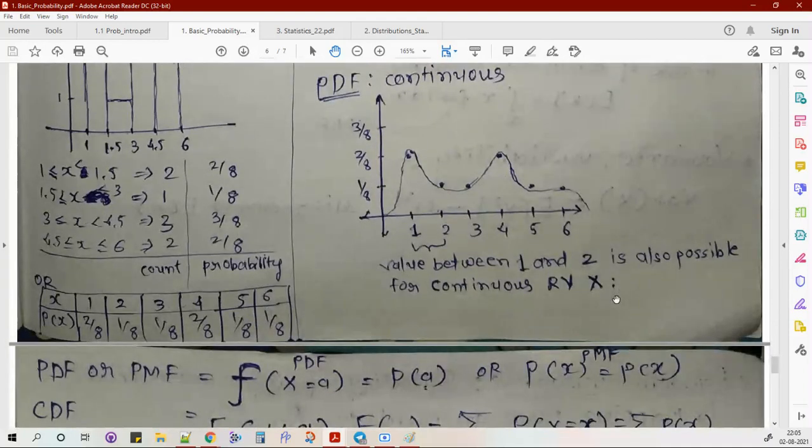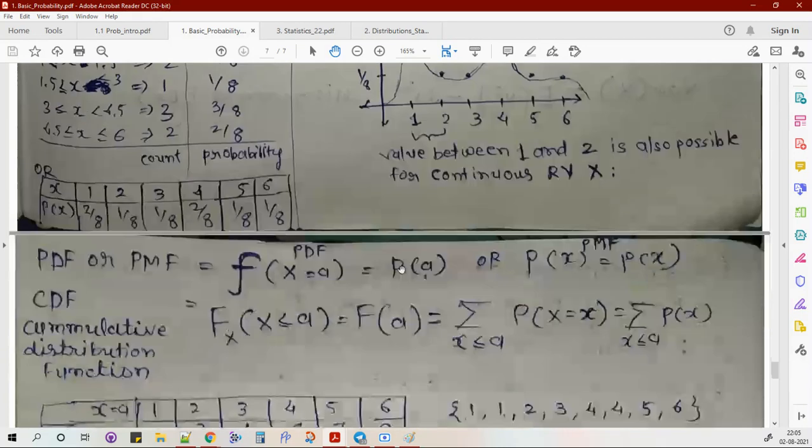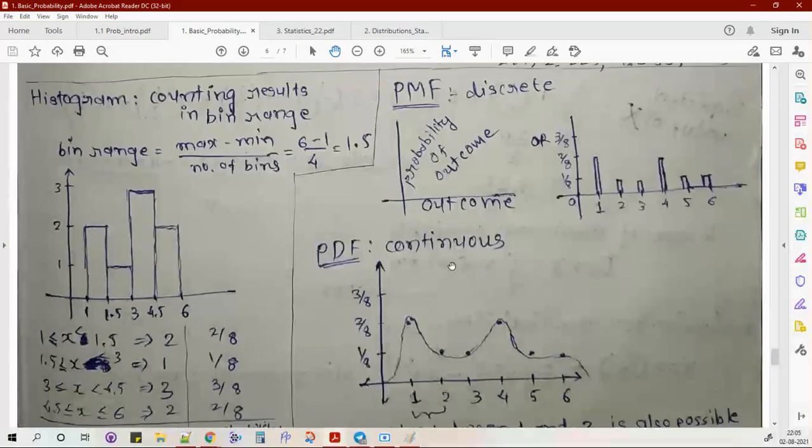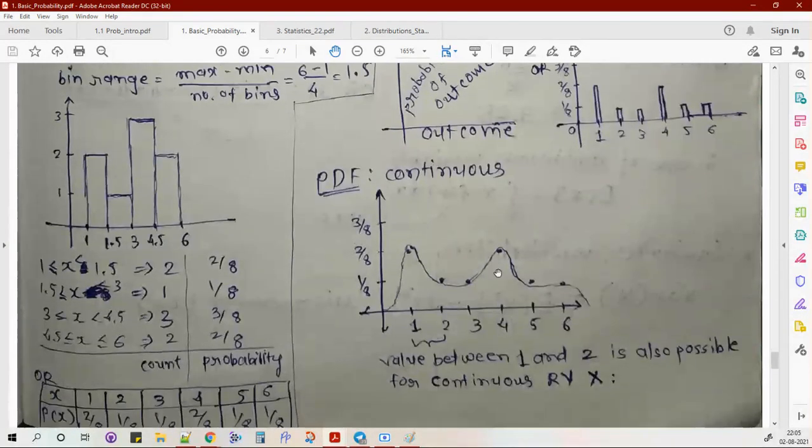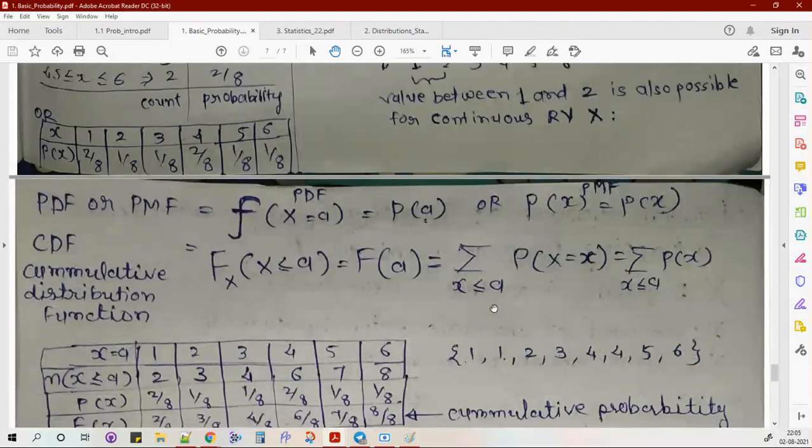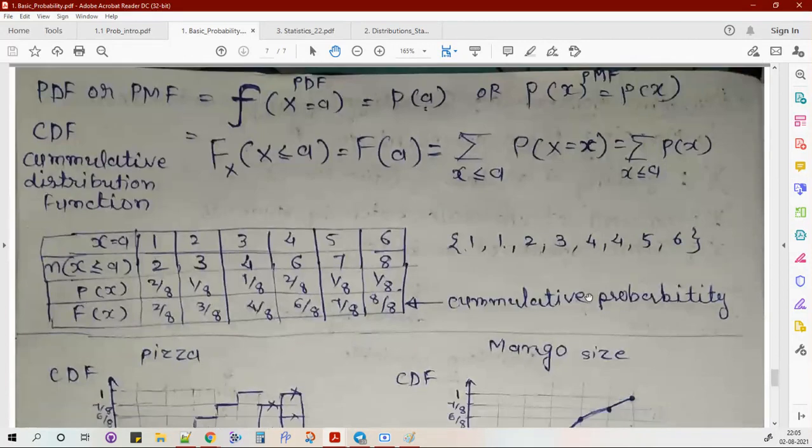Mayur asks: how do we calculate CDF from PDF actually, and vice versa? So how to get the CDF out of PDF? If you think, CDF is nothing but the cumulative probability, right?